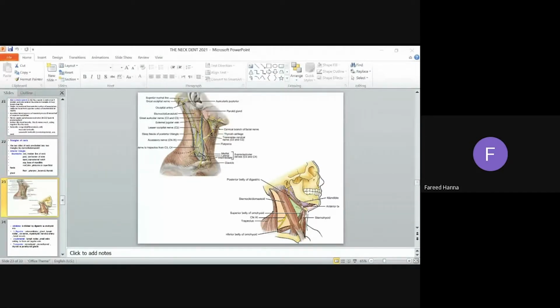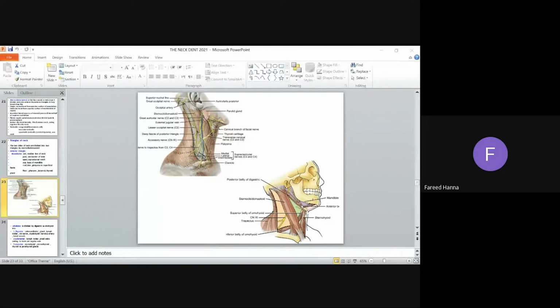So this is the carotid triangle, bounded by the posterior belly of digastric superiorly, then the superior belly of omohyoid anterior inferiorly, and then laterally the anterior border of sternocleidomastoid muscle. So here we have the digastric triangle, here we have the carotid triangle.